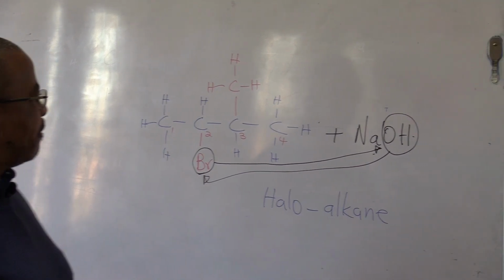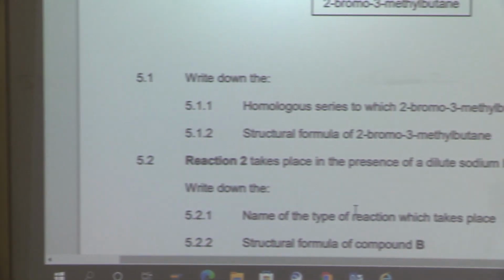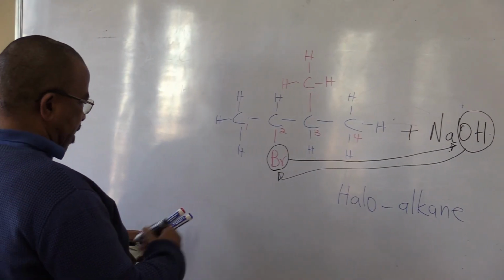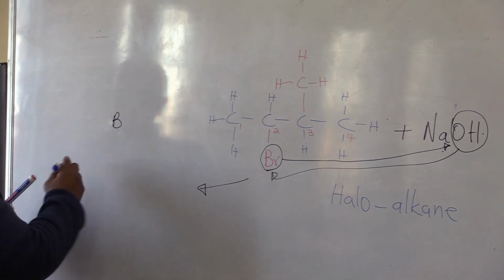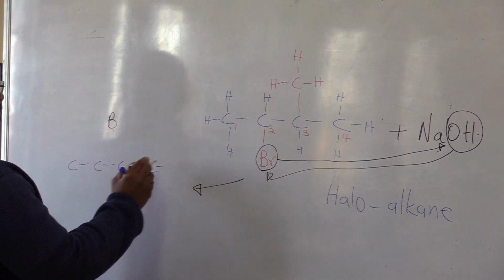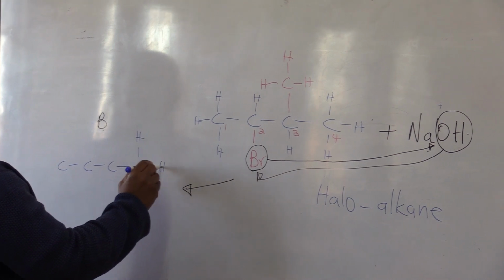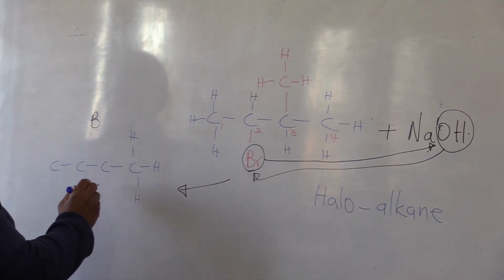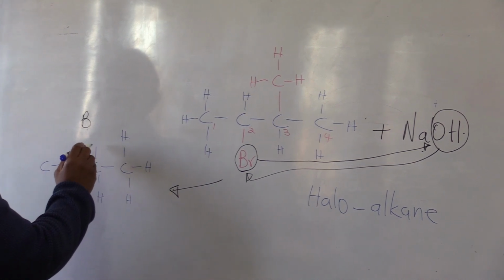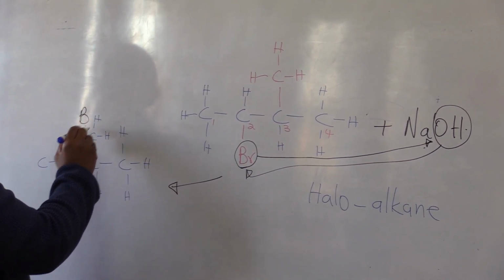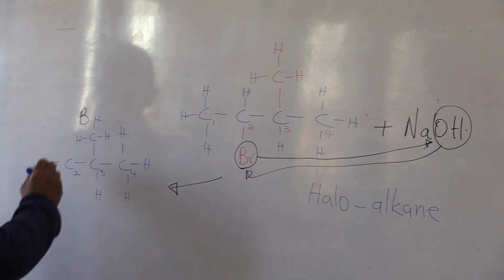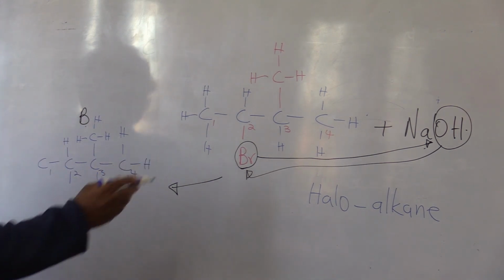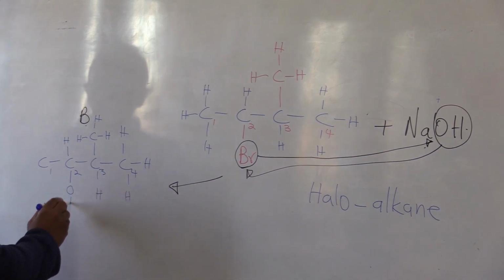Structural formula of compound B. Let us draw the compound B that is formed after substitution. What will its structural formula be? We will have 1, 2, 3, 4, then we will have H, then H, then the methyl there, we count to 1, 2, 3, 4, 7 H here, instead of Br, so it becomes OH.